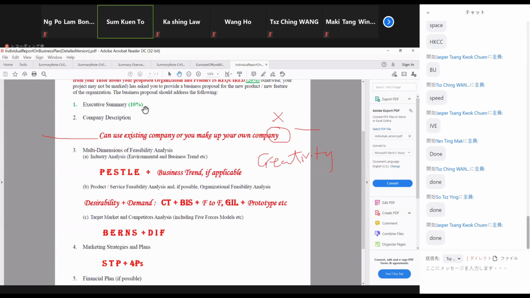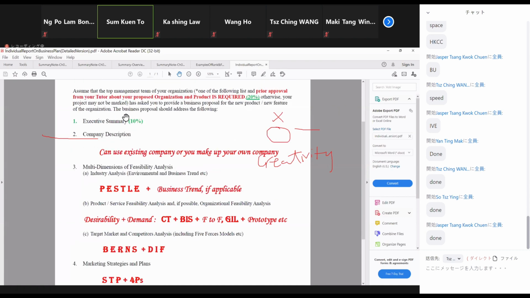They read a summary, and this summary is a starting selling point. It sells whether your idea is good or not, and then I will give you more information on what you should write in the exec summary. If the idea is good, they continue reading; if the idea is not good, they put it into the shredder. That's the concept: when you write the business plan and the assessment, creativity is 20%, exec summary 10%, the remaining 50% on the content.